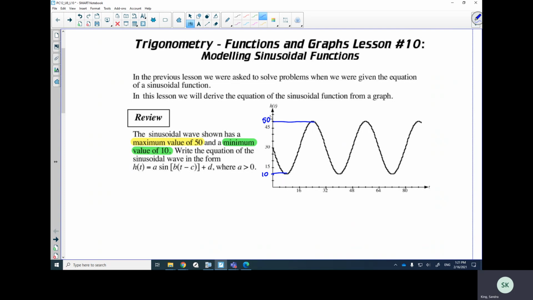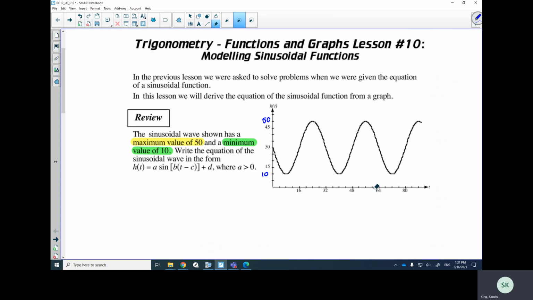You could check the scale on the y-axis: how many boxes are you counting up to get to 15? You would say 1, 2, 3 boxes. 15 divided by 3 is 5. Each hatch mark is worth 5: 5, 10, 15, 20, 25, 30. So we've got our maximum and our minimum there.